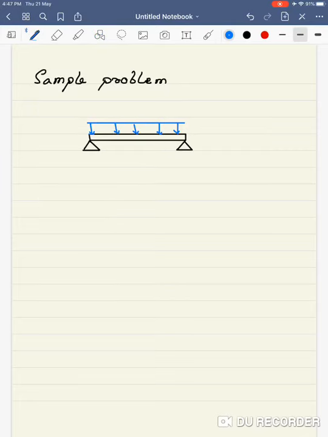Okay, so we have a W naught acting here. This W naught is say 5 kilonewtons per meter, and let's say the length of this is 4 meters.